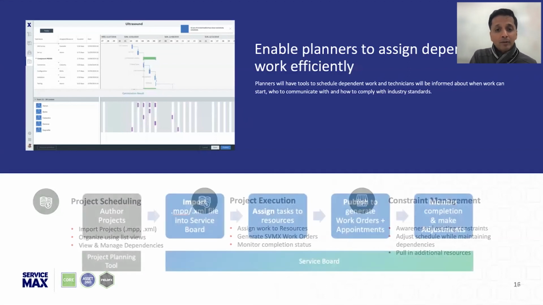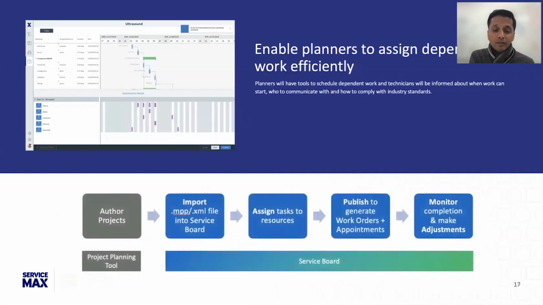Let me go to this next slide over here. To take a step back, you would author the project in Microsoft Project or Smartsheet or something to that extent, and then import that file into Service Board. You can assign the tasks to the resources, which is what is being shown over here.